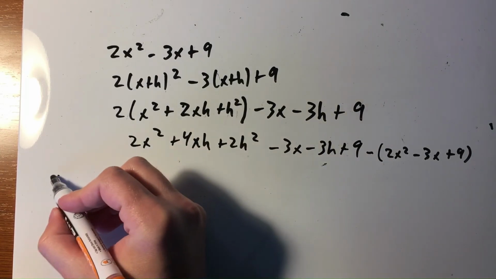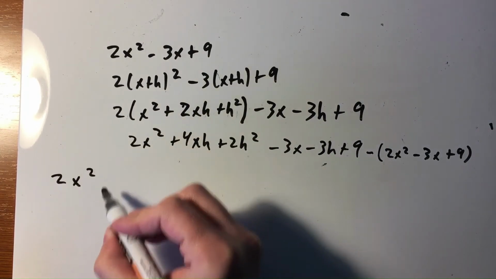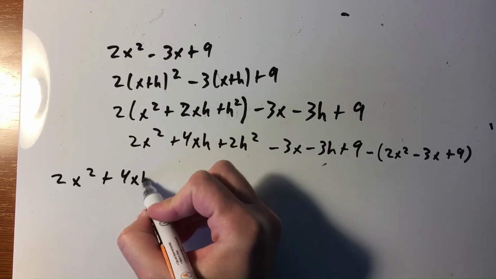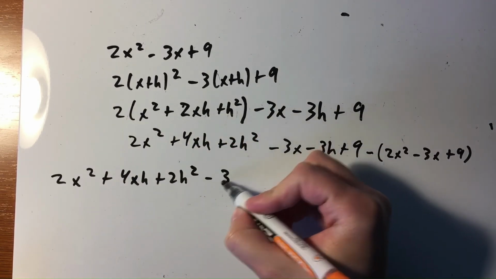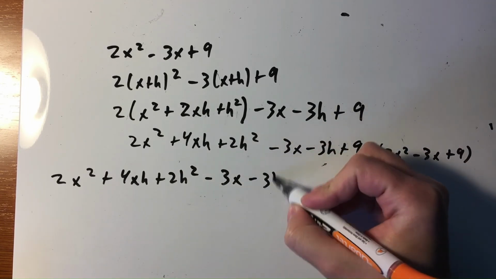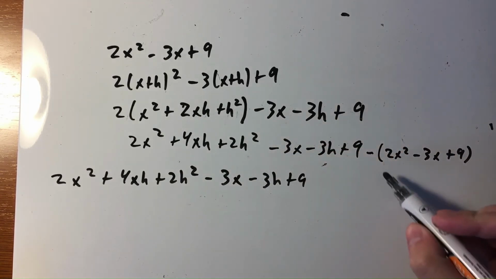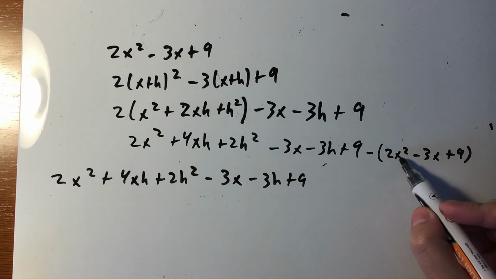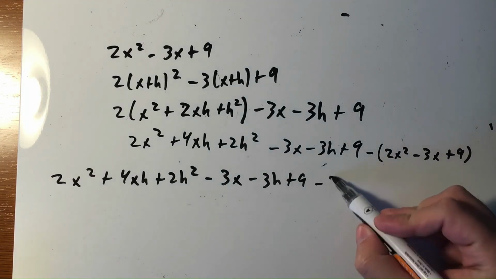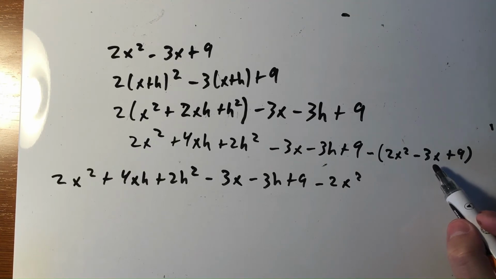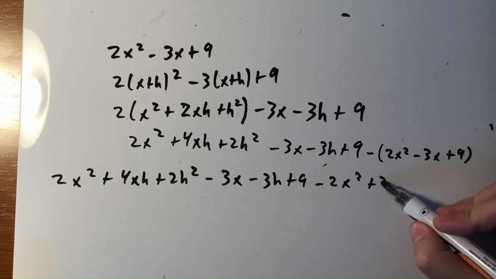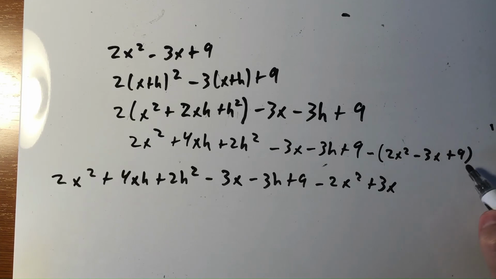I'm going to move a little over here. 2x squared plus 4xh plus 2h squared minus 3x minus 3h plus 9. Then negative 1 makes this negative 2x squared. Negative 1 times negative 3x. That's going to give us a positive 3x. And negative 1 times 9 will give us a negative 9.